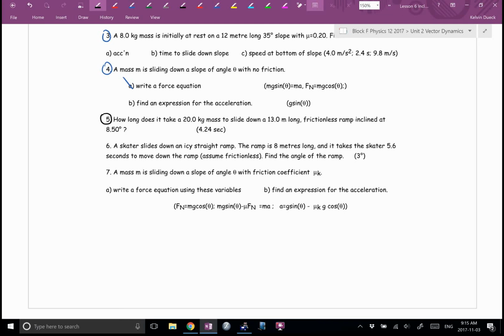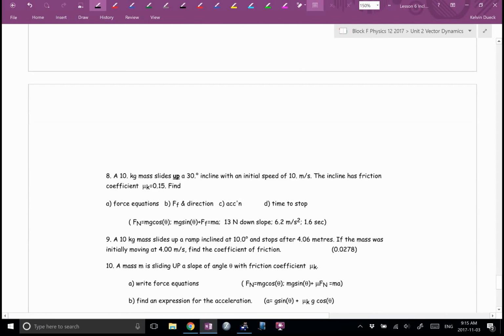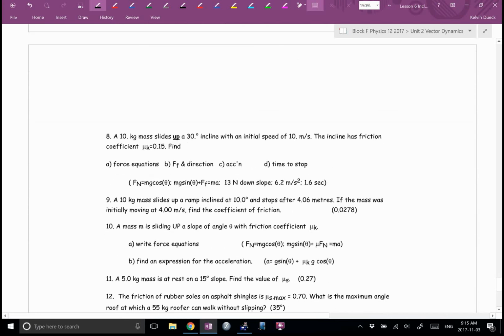You'd probably come up with a trig expression and end up going shift sine or shift cos. We could handle that, but I've got to cut corners somewhere with the flex block, so you can cross out 6. You can cross out 7. Number 8, but cross out A, cross out B. Find the acceleration and find the time to stop. That's one very similar to what we just did.